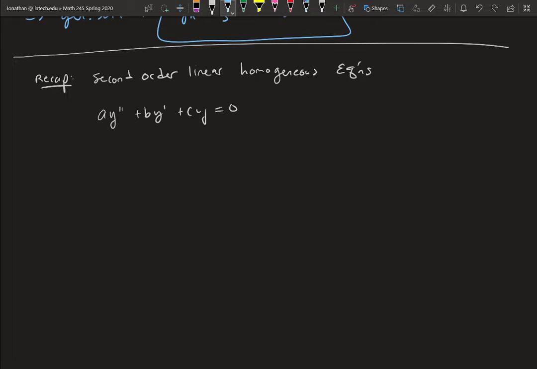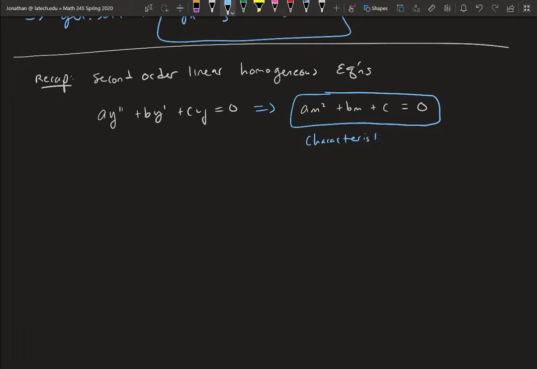From there, we got the characteristic equation, a m squared plus b m plus c equals 0. Some people call it the auxiliary equation.